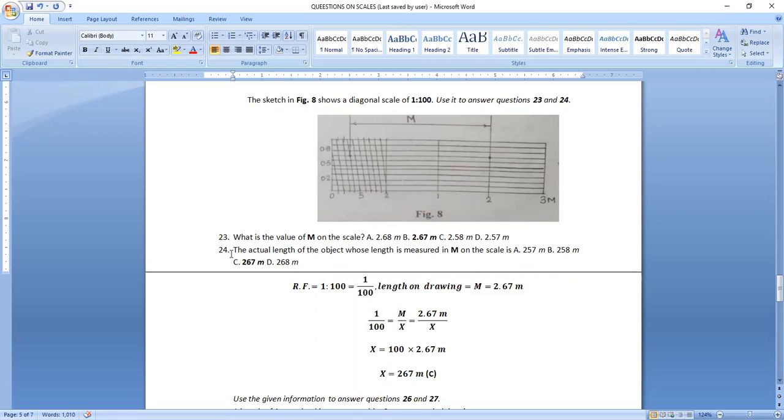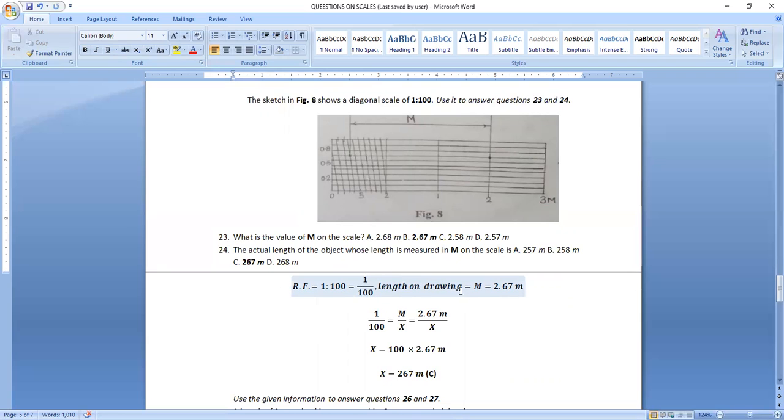Then question 24 says that the actual length of the object whose length is measured as m on the scale is, okay, so we want to know the actual length. As given in the question, the RF or scale is 1:100, which is the same as 1/100.